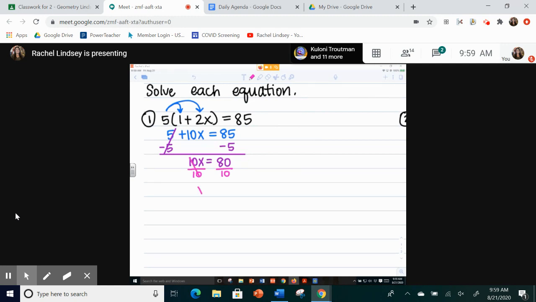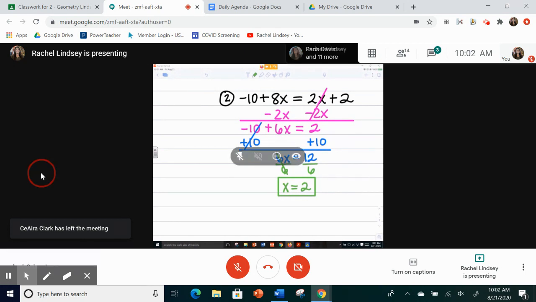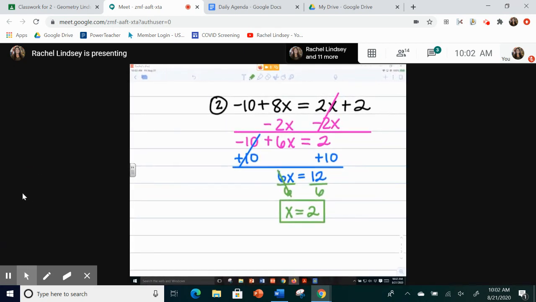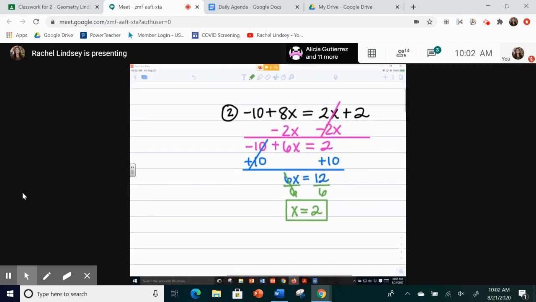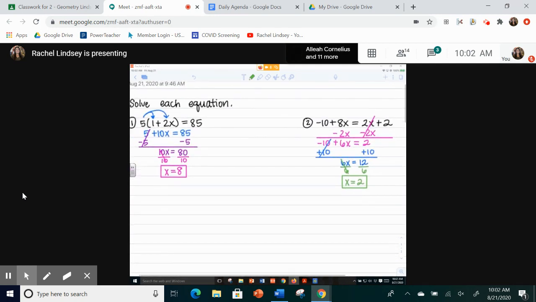You get x equals what? 8. Okay, so that is solving just multi-step equations.